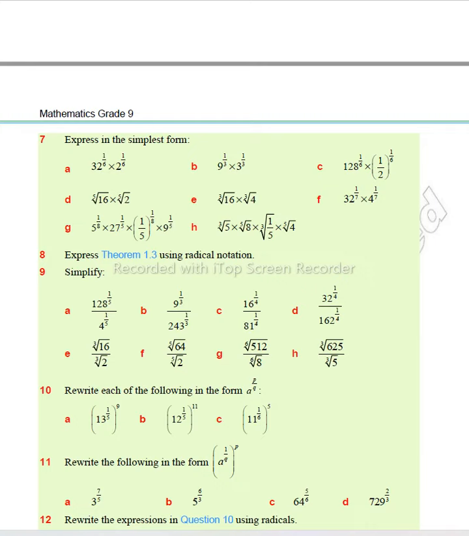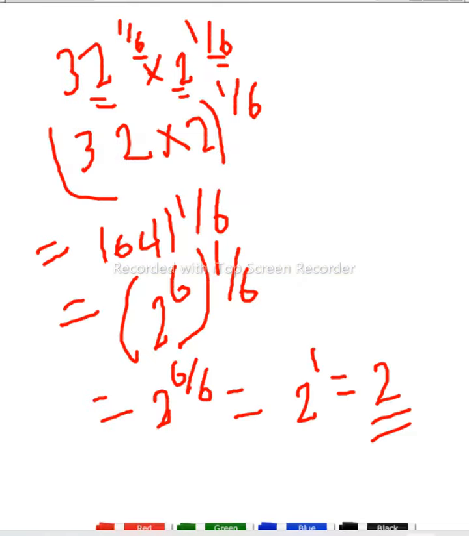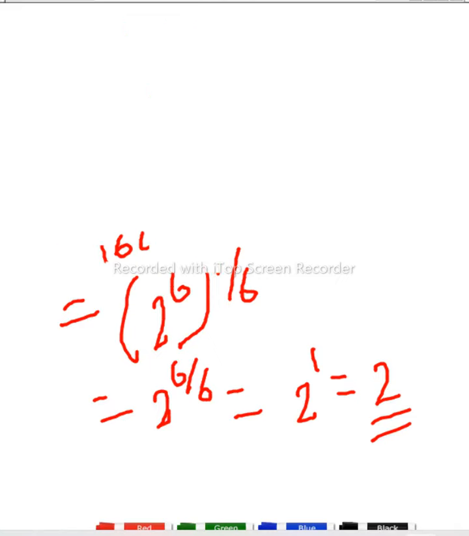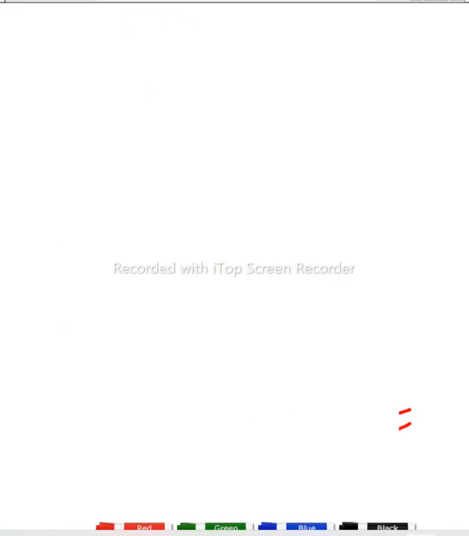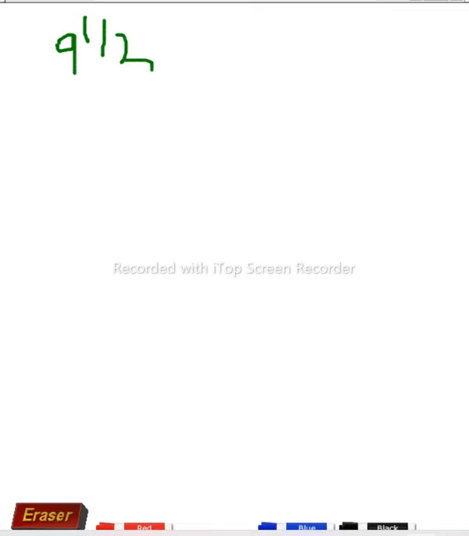Let us see: 9 to the power of 1 over 3 times 3 to the power of 1 over 3. We can simplify this the same as we did before.